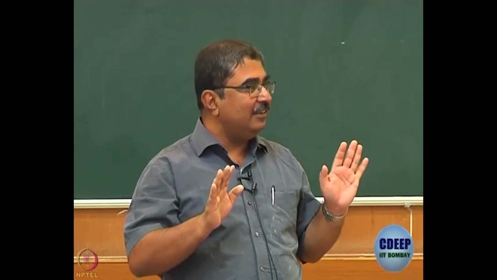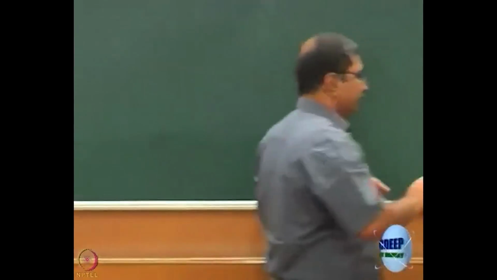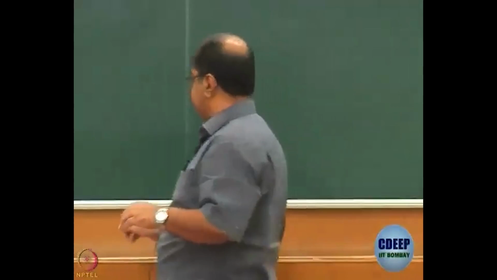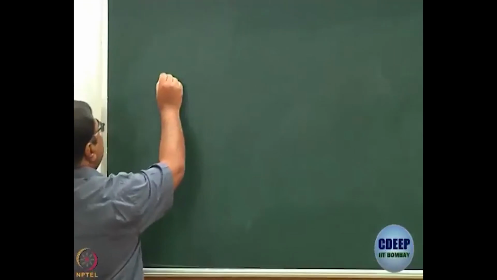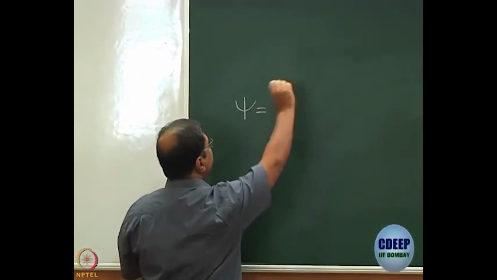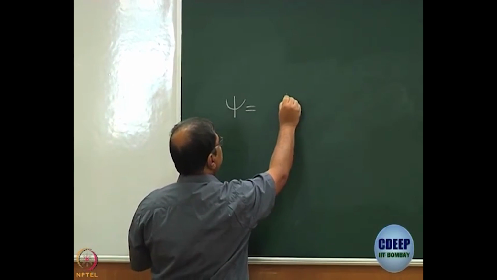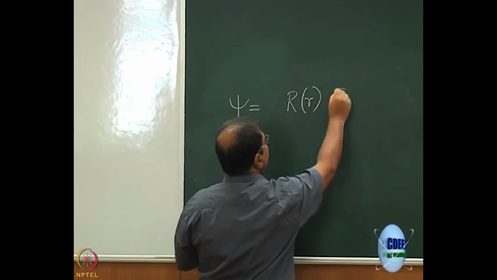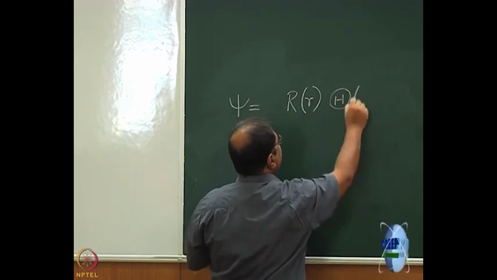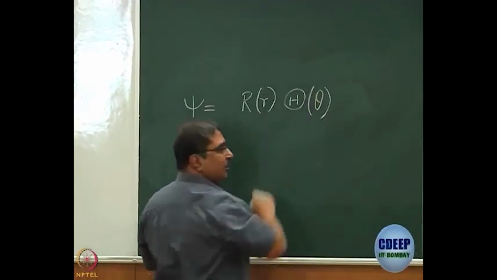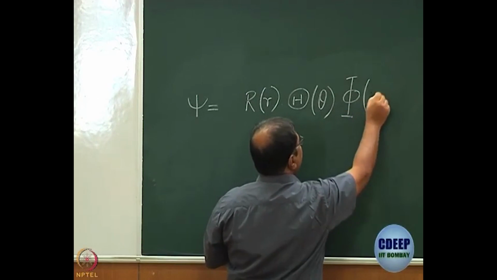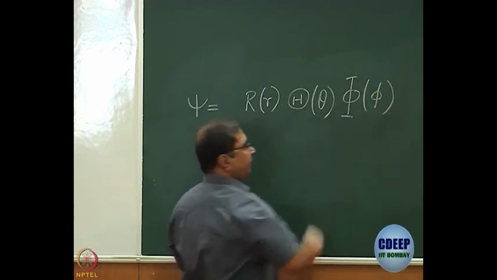Psi equals the r dependent part multiplied by capital Theta, which depends on small theta, and capital Phi, which depends only on small phi.